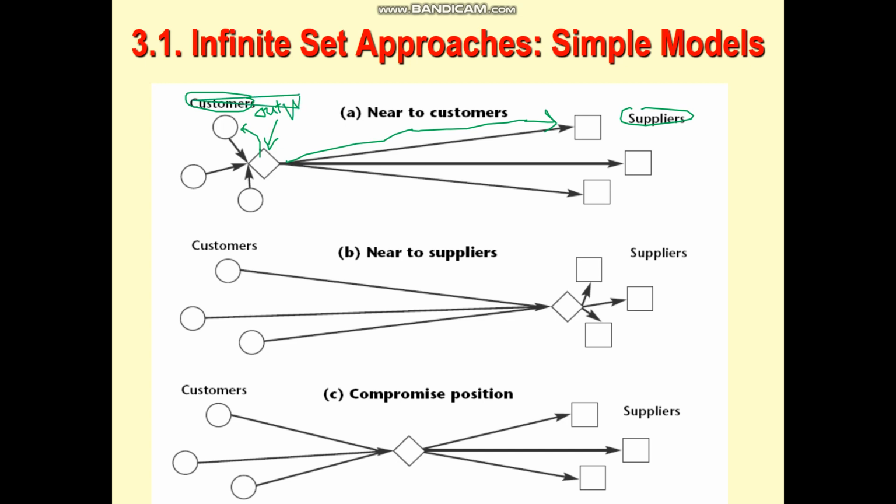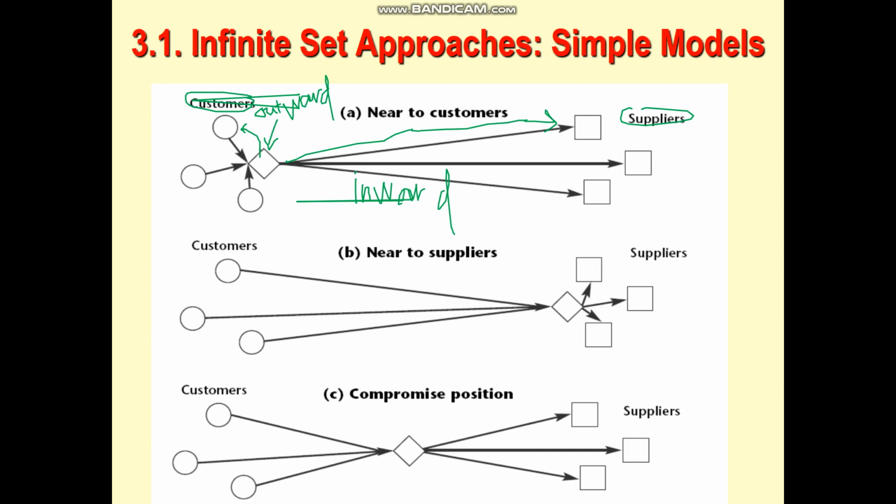Okay, and from supplier to manufacturer or distribution center is inward. So in the first case, if we locate the distribution center near the customer, the inward transport cost increases and the outward transport cost decreases.